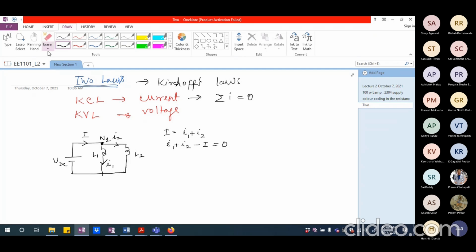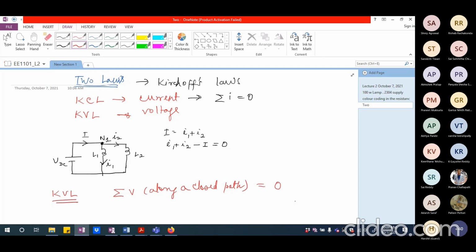The second one is Kirchhoff's voltage law, KVL. This states that if I sum up all the voltages along a closed path, that is going to be equal to 0.